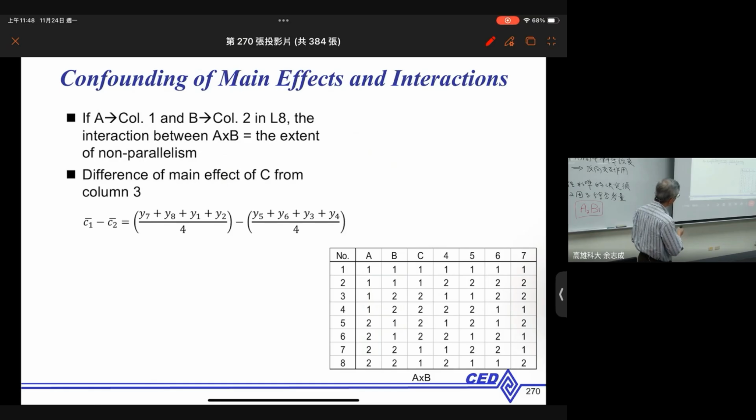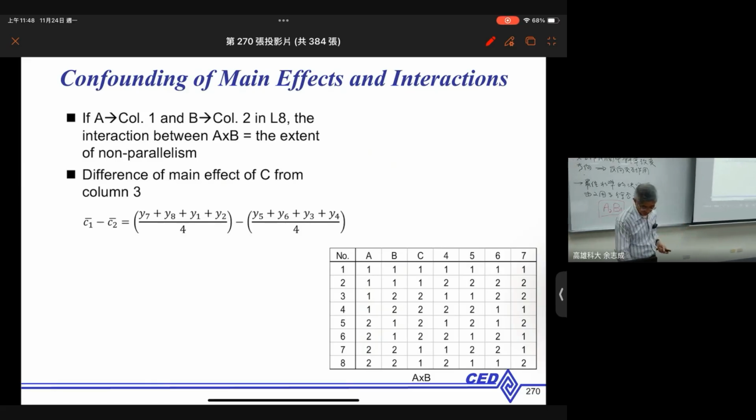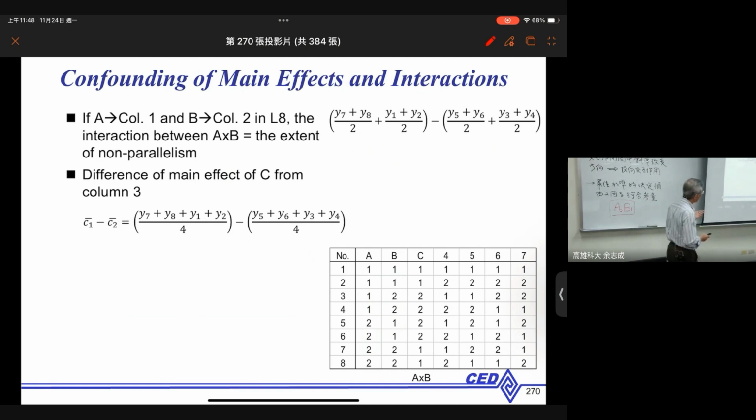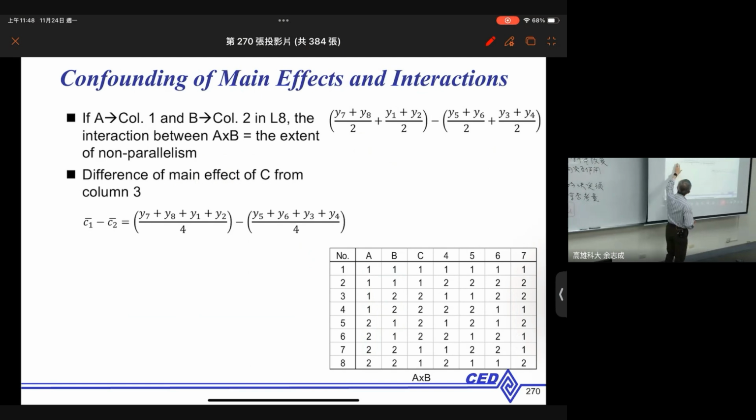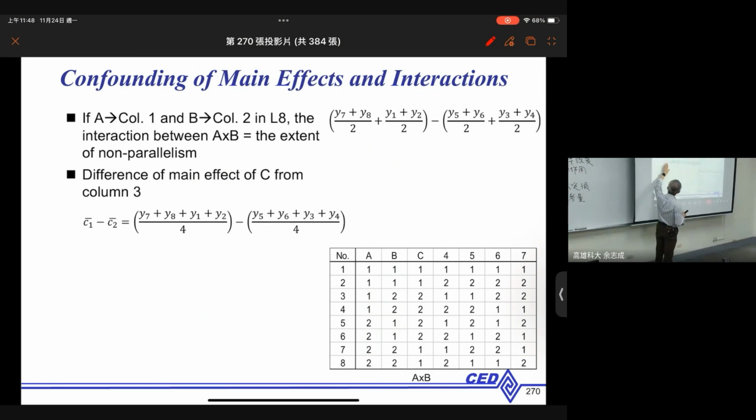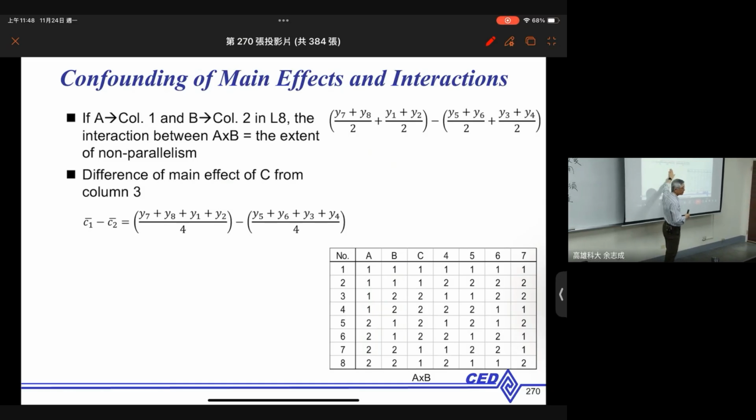What is the difference between C1 and C2? C1 is the average of runs 1, 2, 7, 8. Same thing for C2. So rearrange this equation. In the effect plot, if you want to determine whether the main effect of C is strong or weak, we can use this equation.